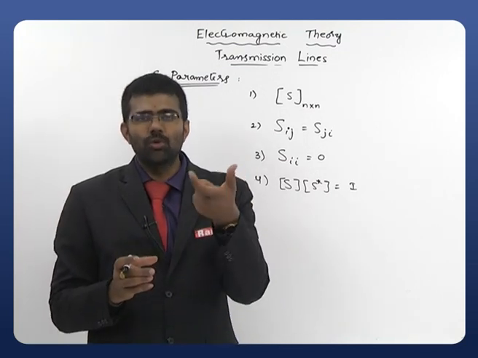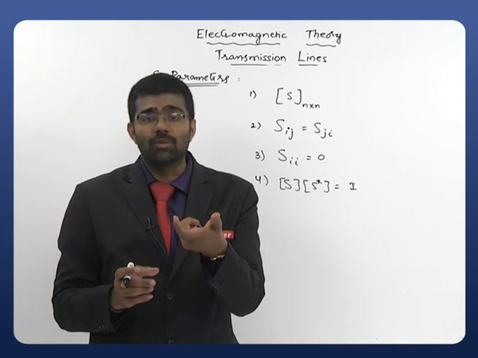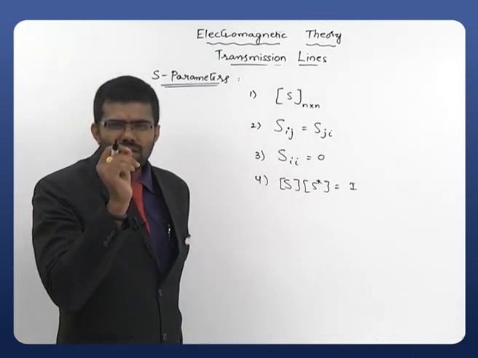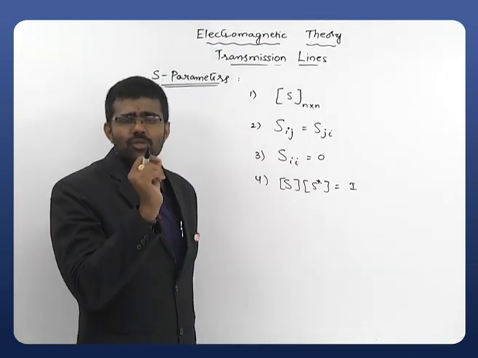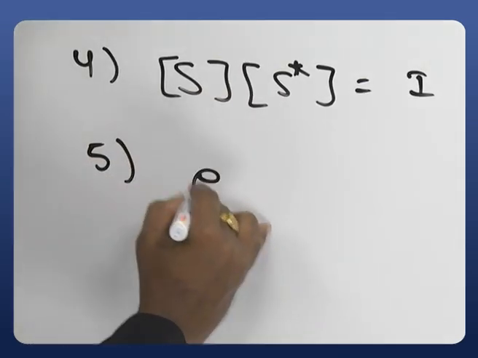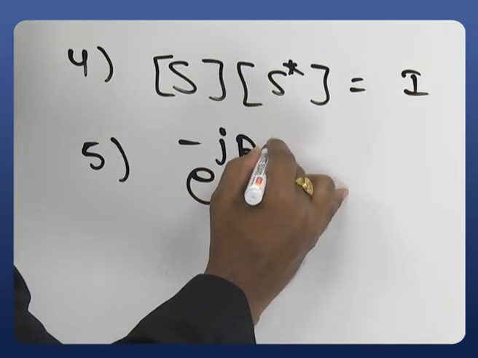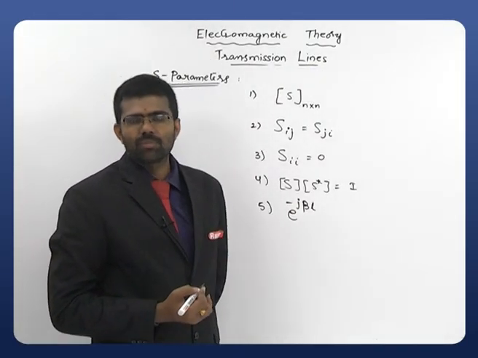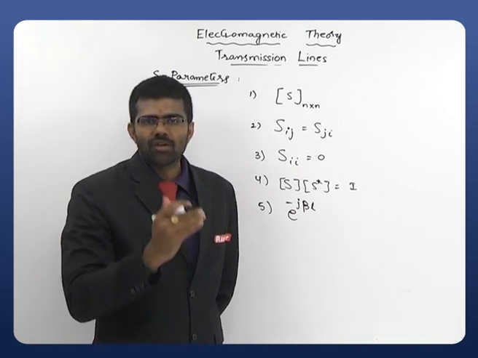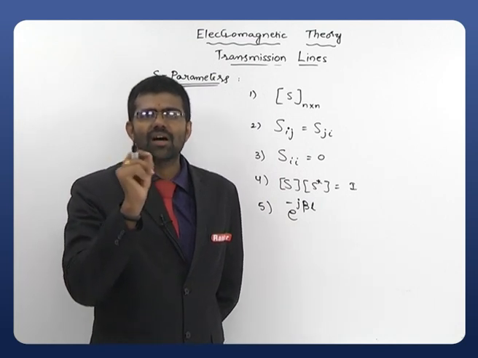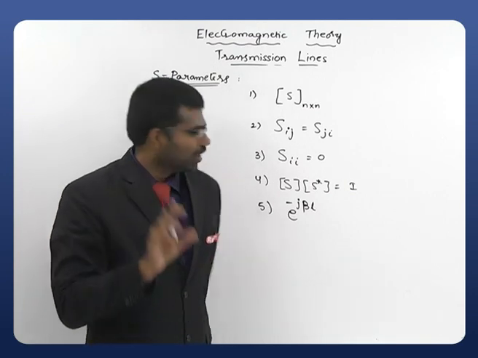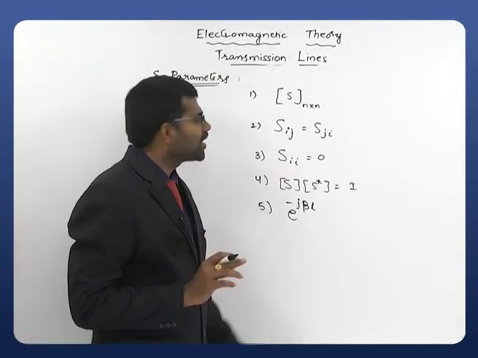Whenever the port is moved, not physically but electrically, for an electrical distance of beta L, then each and every reflection coefficient or transmission coefficient related to that particular port will be multiplied with a factor of e power minus j beta L. Clearly remember this property: whenever a port is moved for an electrical distance of beta L, the scattering coefficients related to that port will be multiplied with e power minus j beta L.